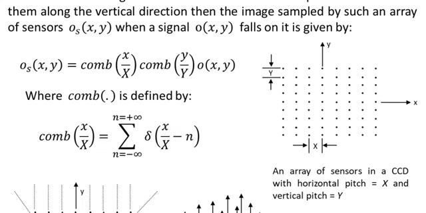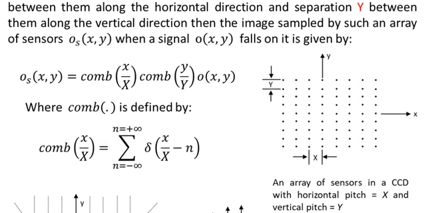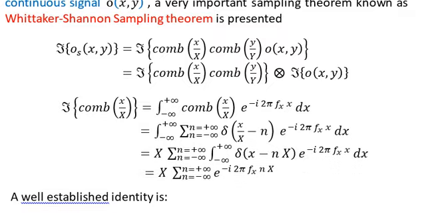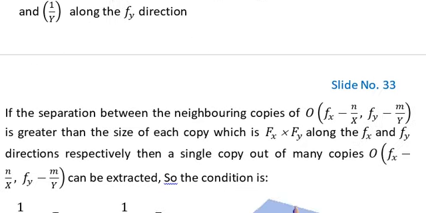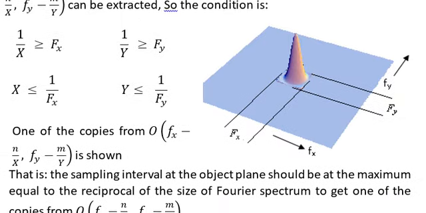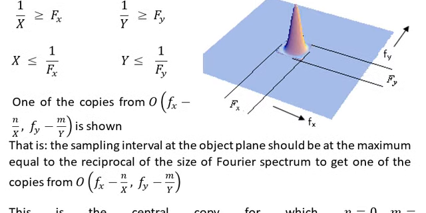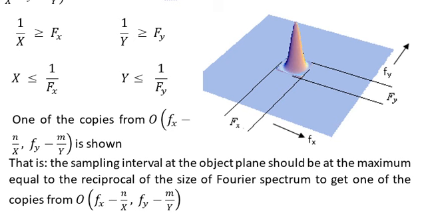So this is in the image plane, where we have capital X and capital Y, and now we are comparing that with the Fourier transform plane, with the width of the Fourier copies. And you know that 1 over capital X and 1 over capital Y will determine the separation along the fx and along the fy direction.